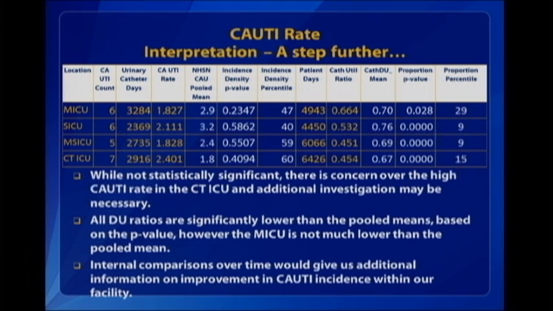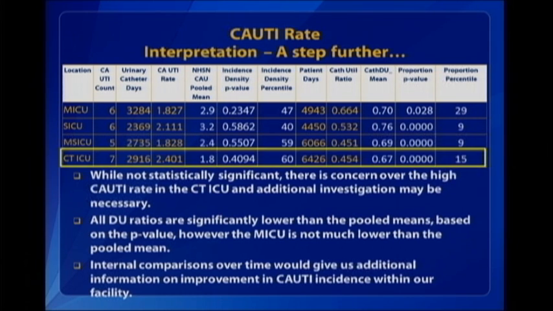What I've added here, and this is something we didn't focus on earlier, is that we now have 4 of our ICUs up here with their pooled means and our p-values and everything. So we can say, while not statistically significant, there is concern over the high CAUTI rate in our cardiothoracic ICU. An additional investigation may be necessary because our rate is 2.4 compared to the pooled mean of 1.8.